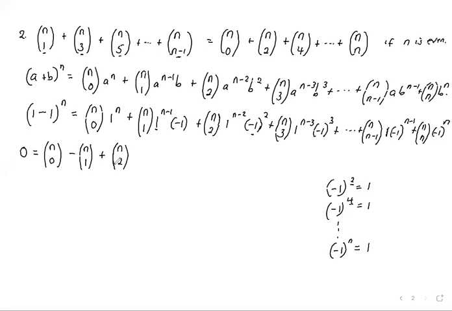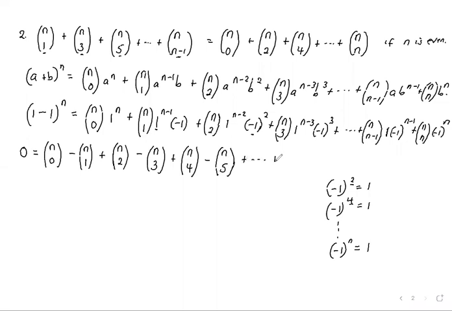So the pattern comes: -1 to the power 3 is negative n choose 3, plus n choose 4, and so on.